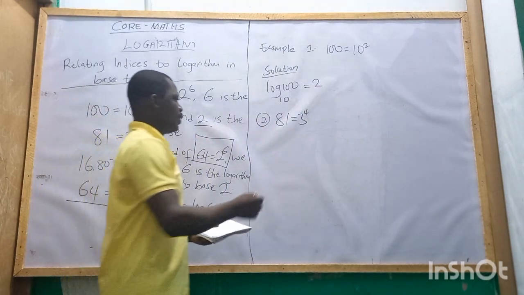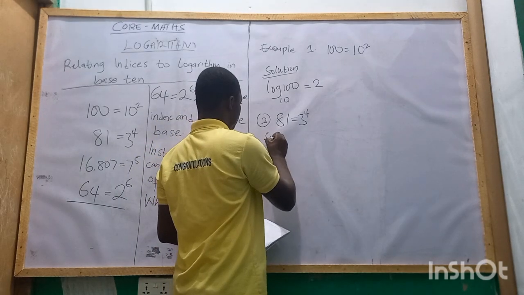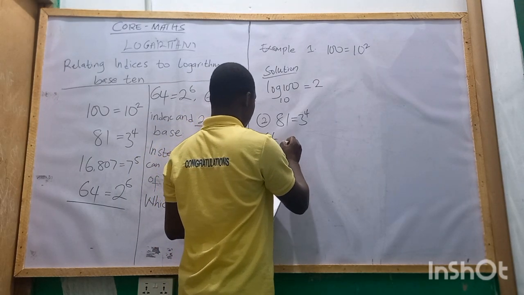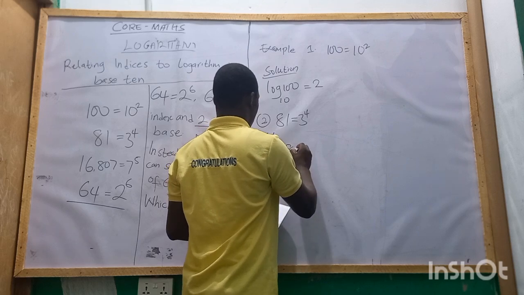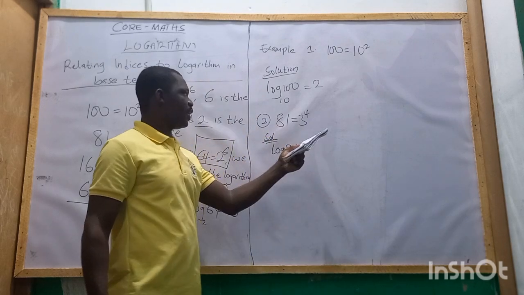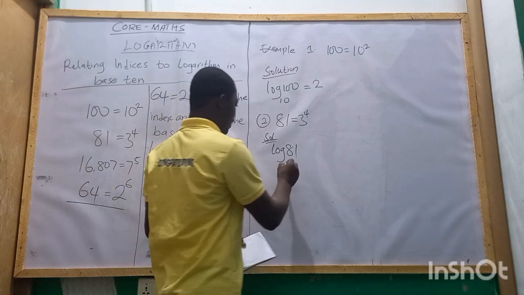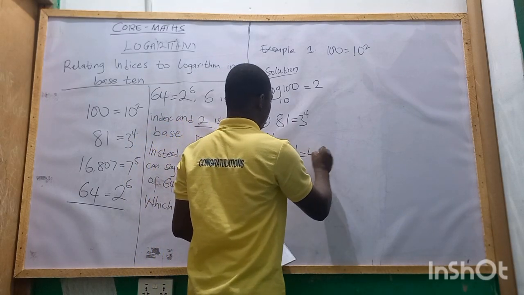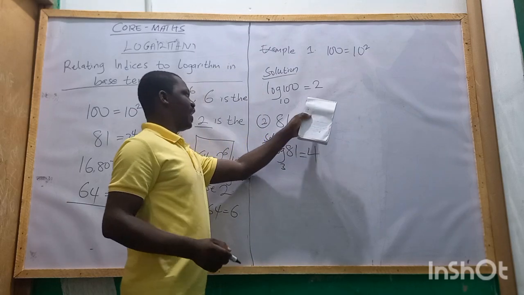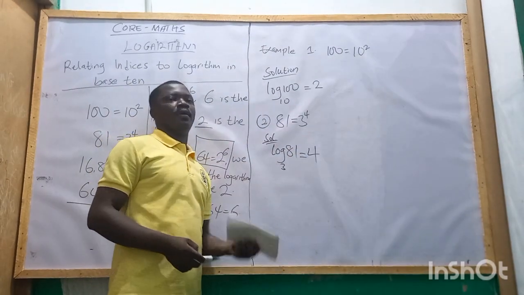Very simple. So I write my log 81. My base is 3, I write it over here. Then I'll bring my exponent to the right hand side.